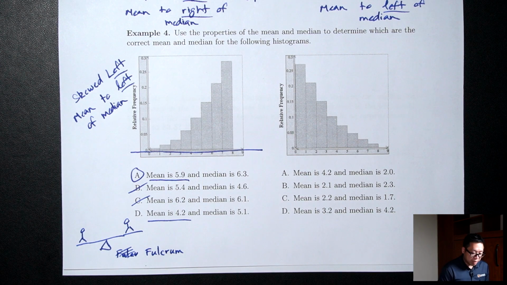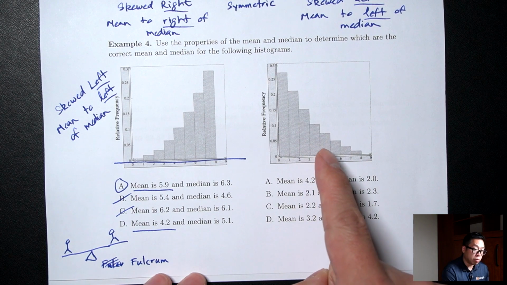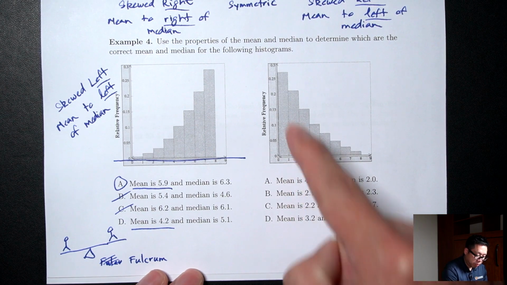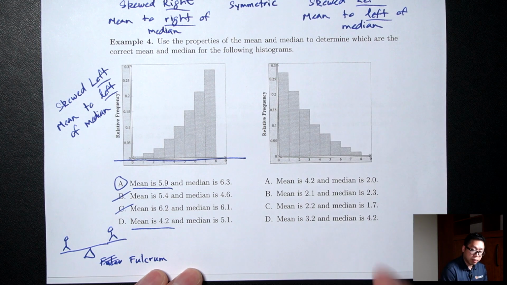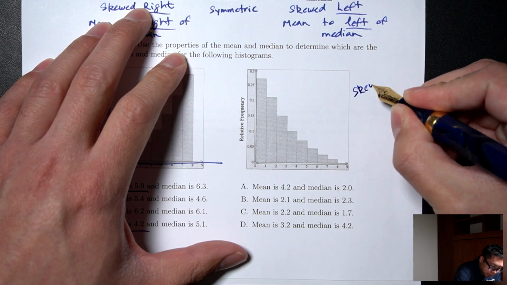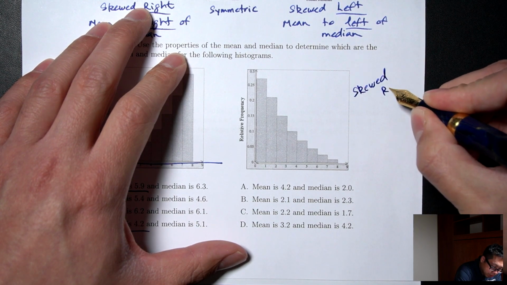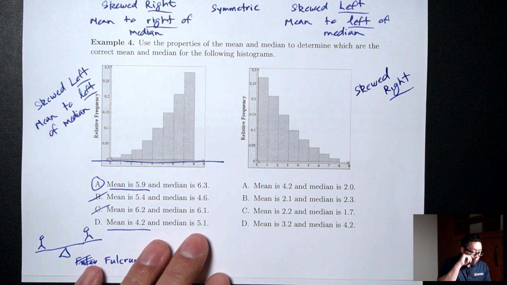All right, let's try the next one. First thing I want to ask myself is this picture skewed left or skewed right? That's the tail. Skewed right. It's on the right side, which means this is skewed right. And what do we know about skewed right?